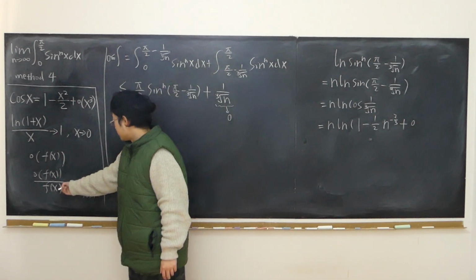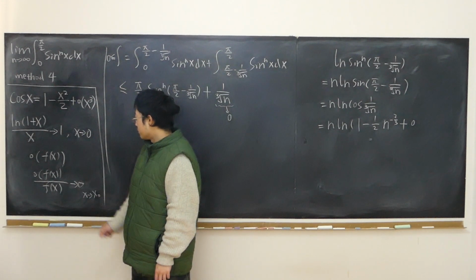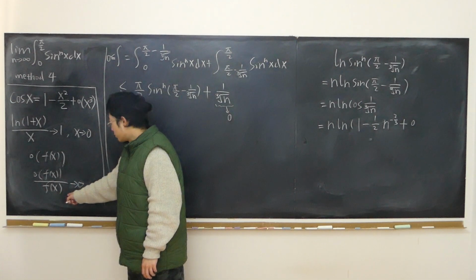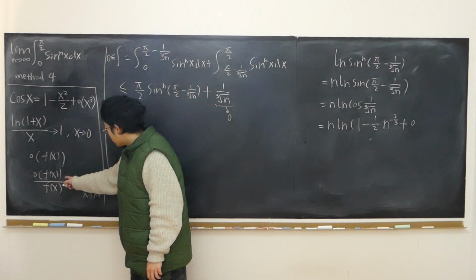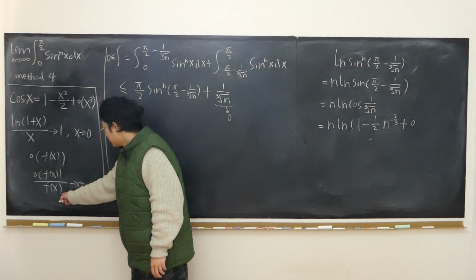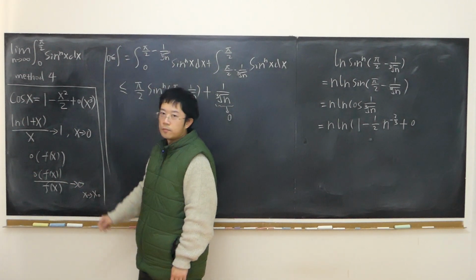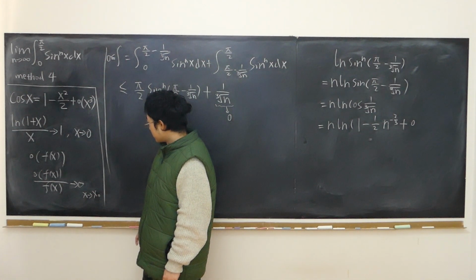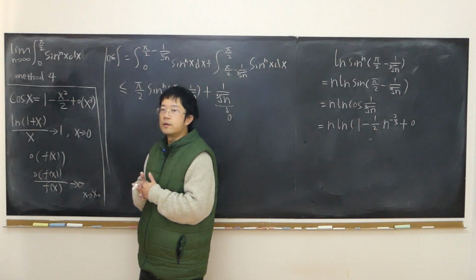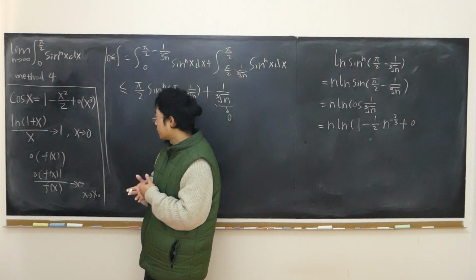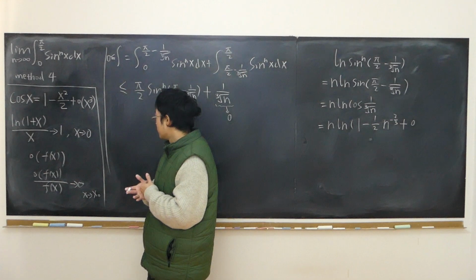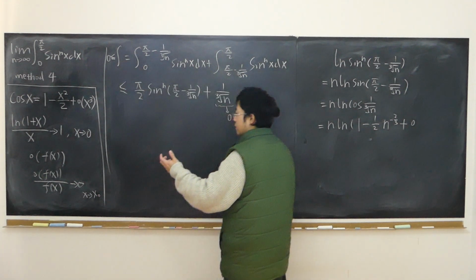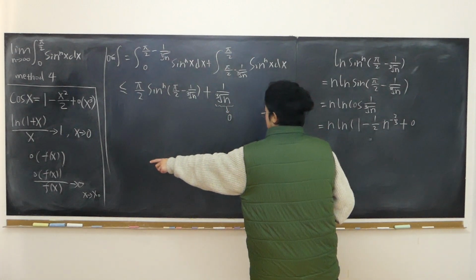If f of x also approaches 0, what does that mean? That means some quantity divided by an infinitely small amount still approaches 0. That means the quantity on the top approaches 0 faster than the quantity at the bottom, if the bottom approaches 0. But f of x does not always approach 0. Sometimes it's approaching some constant, sometimes it doesn't have a limit, maybe infinitely large. So that's what it means.